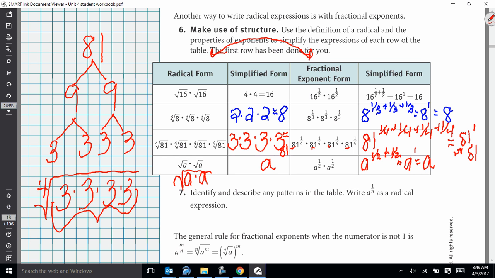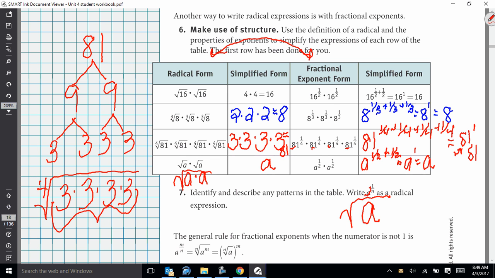Okay, so our index here is the denominator. So 1/3 has a denominator of 3 and an index of 3. 1/4 has a denominator of 4 and our index is 4. And if it's a half, our index is 2, or square root. So we can write this with our radical: a on the inside, our base goes on the inside.